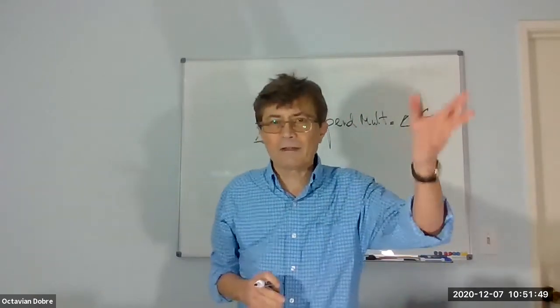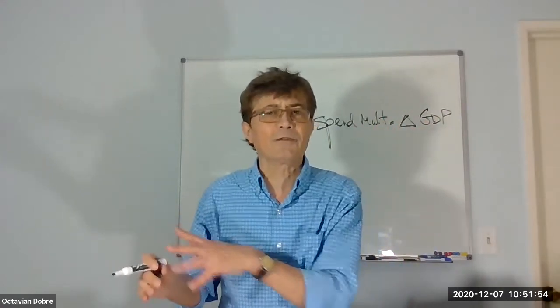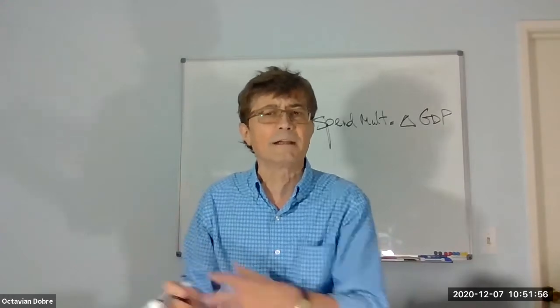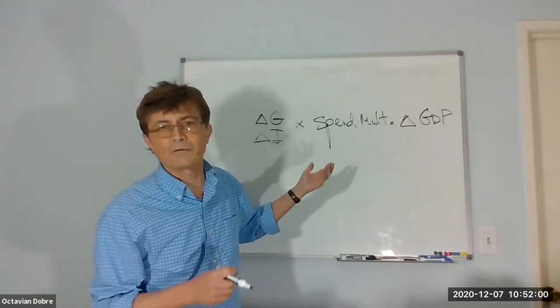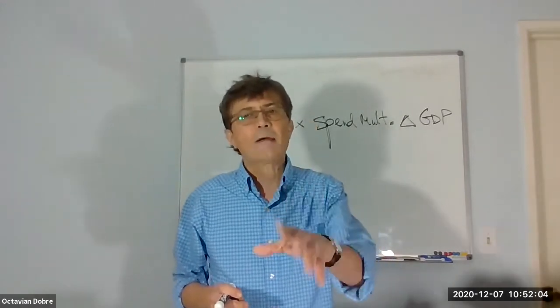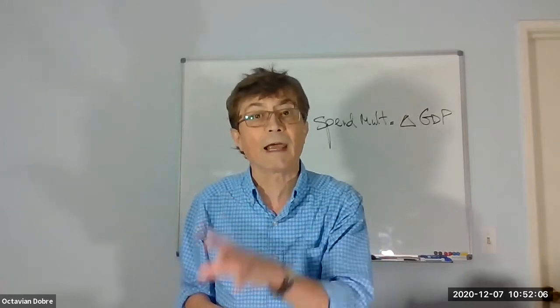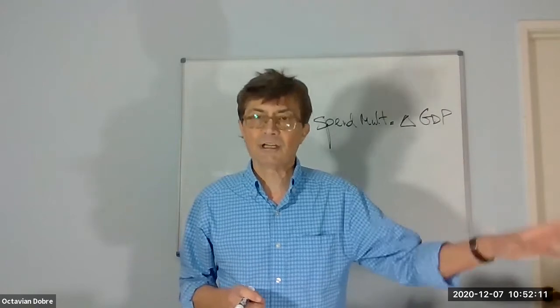So in the past on the test, I told you something like, well, there's an increase of let's say $100 million in investment. Investment goes up by $100 million. And let's say that the MPC is equal to 0.8. What is going to be the change in GDP?